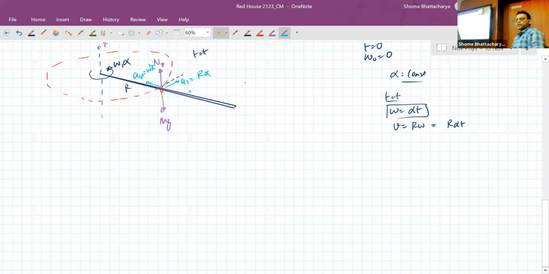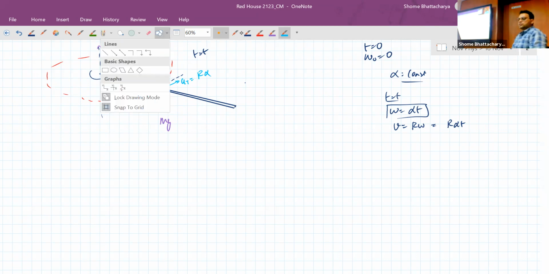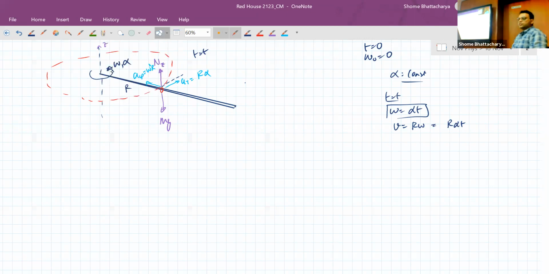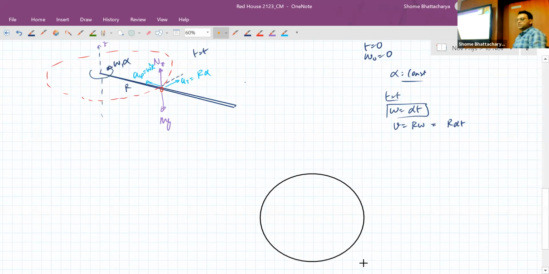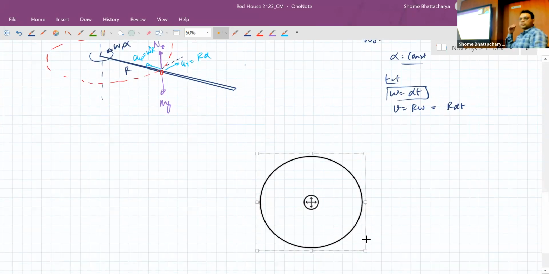Now what is providing the tangential acceleration? The other component of normal reaction. That's what is pushing it. If I see this diagram from the top view, I will not see the two vectors which I have drawn right now, Nz and mg. Nz is actually coming out of the plane, and mg is going into the plane.